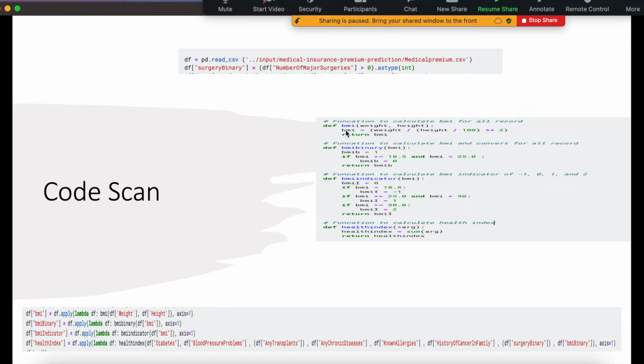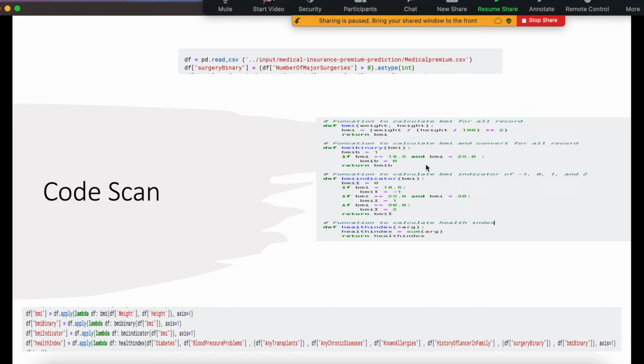And then there is the BMI calculation. Height divided by 100, I'm converting it to meters, and then I square it, the square of 2, meaning height into height. So that I'm doing, and then divided by weight. So automatically I'll get a BMI. Then I'll get a BMI binary.